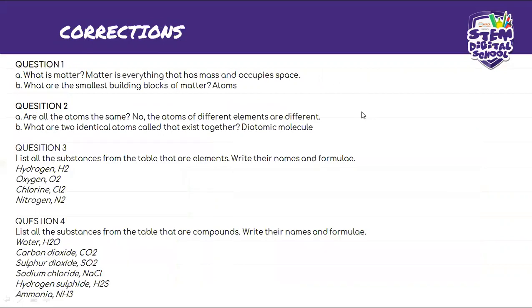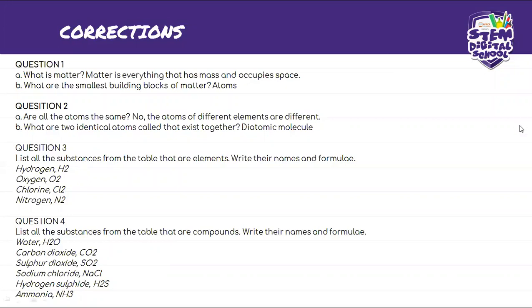Okay, so these are the corrections. You might write them down, and this is how the marking is going to be done. Those of you who said matter is anything that has mass and can occupy space, you are correct, for 2 marks. For 1 mark, what are the smallest building blocks of matter? Atoms. That is another 1 mark.